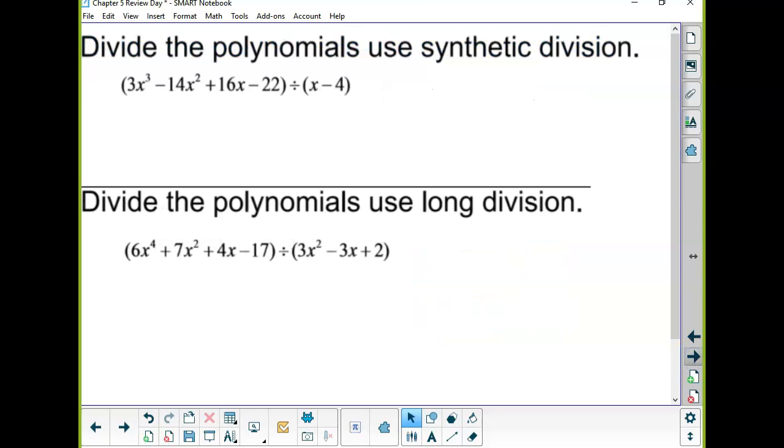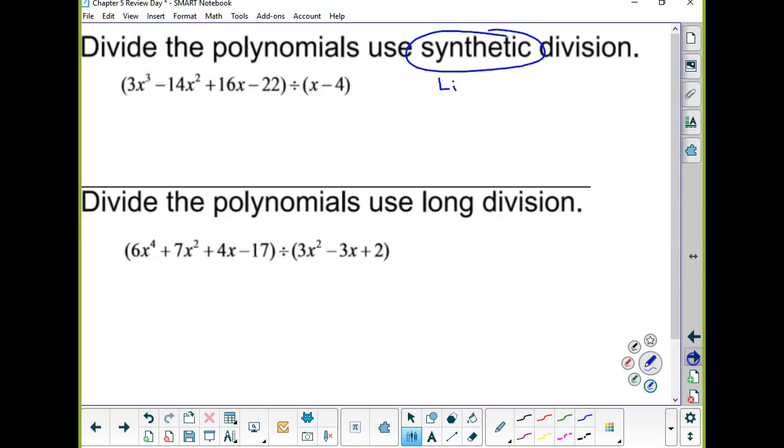Then we had synthetic division versus long division. In the review, they're going to ask you to divide. You should practice both. Remember, synthetic division only works when what you're dividing by is a linear function. So if I was setting this up, we would want to solve this, and we get x equals 4.